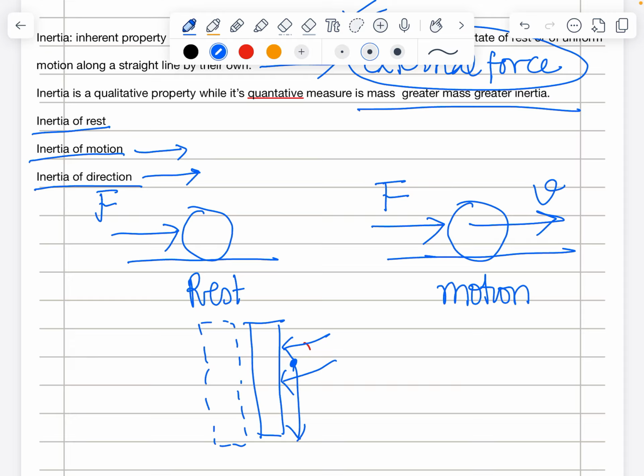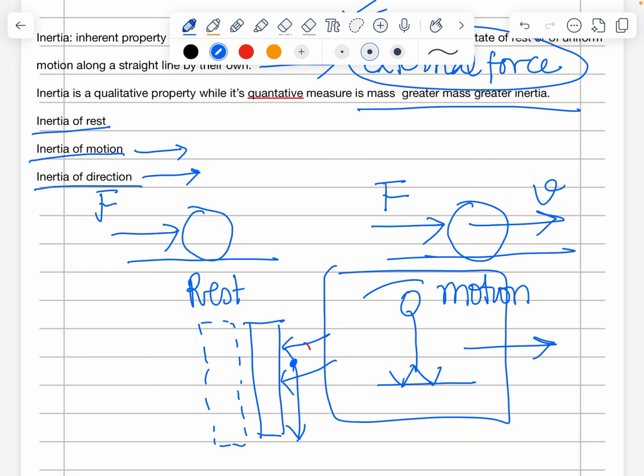Similarly, if you are standing on a bus, and if the bus suddenly moves, then what will happen? You will fall in the backward direction. Why? Because of the inertia of rest.